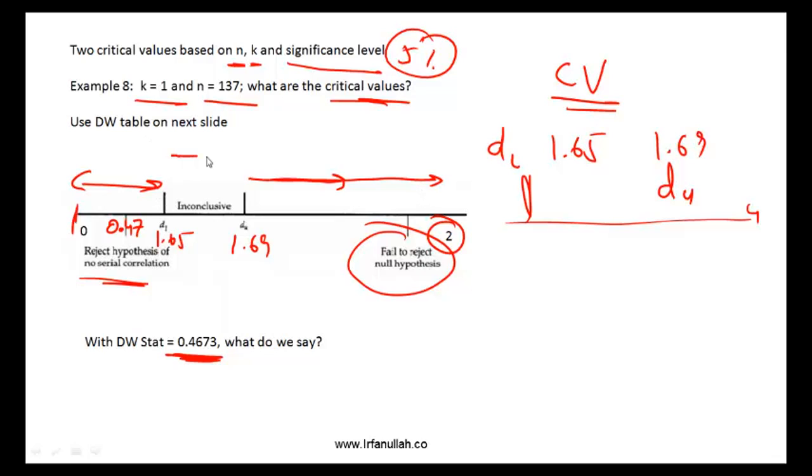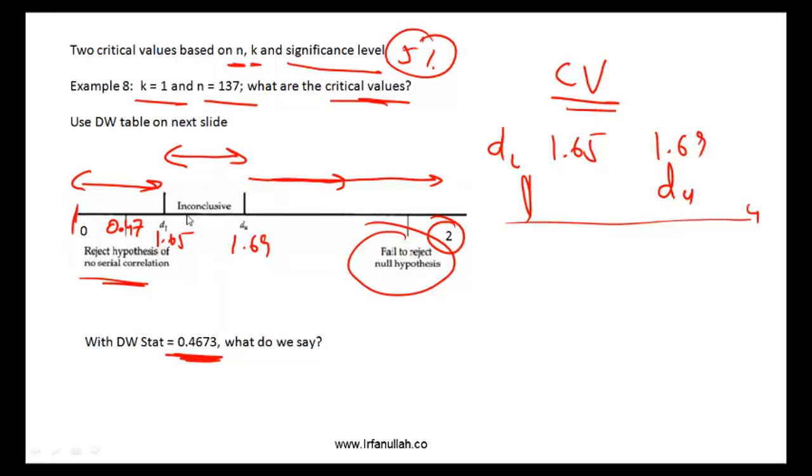And what about this region between the DL and DU? This is a can't say region where the evidence is inconclusive. That's why you have two numbers, because there is a gray area, the inconclusive area. So had the DW stat been 1.67, then you could not say either way.